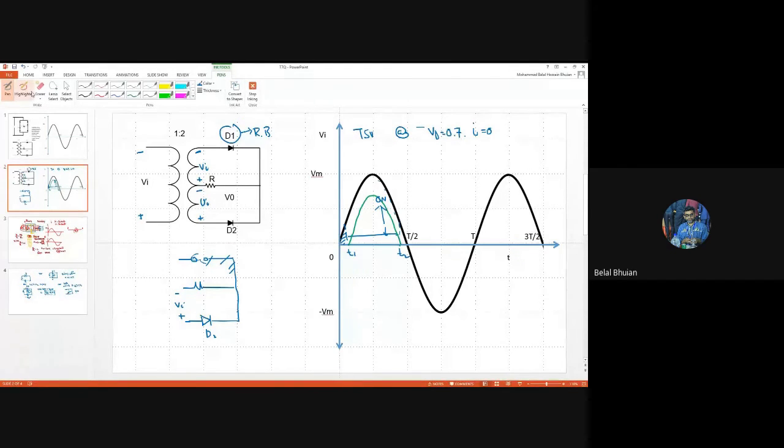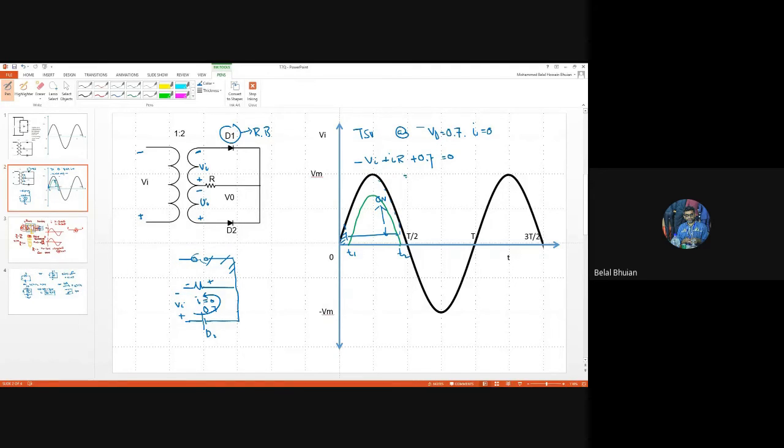So if we apply KVL, we get minus Vi minus IR, or let's say current is flowing in this direction, so plus IR plus 0.7 equals 0.